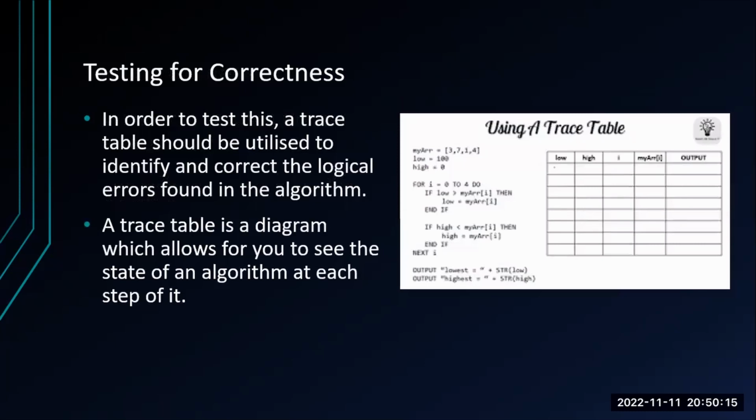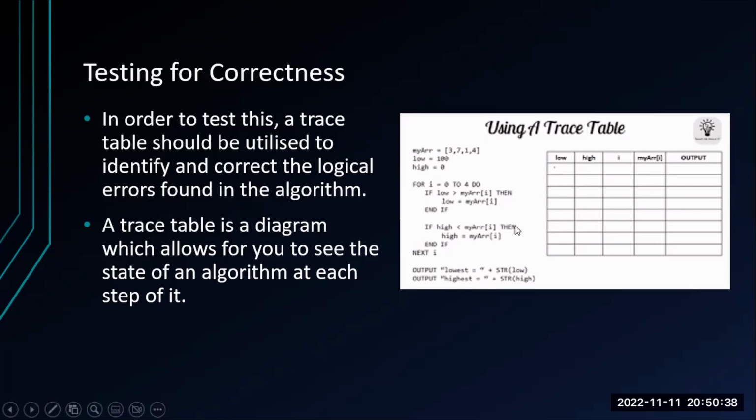And when you are testing this algorithm, a trace table should be utilized to identify and correct logical errors found in the program. A trace table is a diagram which allows you to see the state of an algorithm at each step of it. So here is an example.